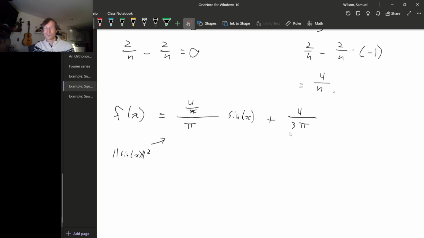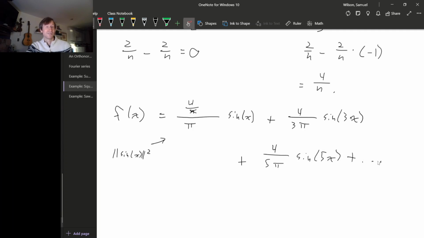The 4/3 is from the inner product, and then the pi in the denominator is from the square of the norm, times sine of 3x, and so on, plus 4 over 5 pi sine 5x, etc. So there's our Fourier series.